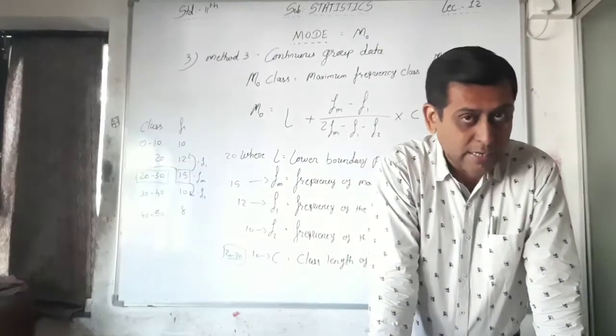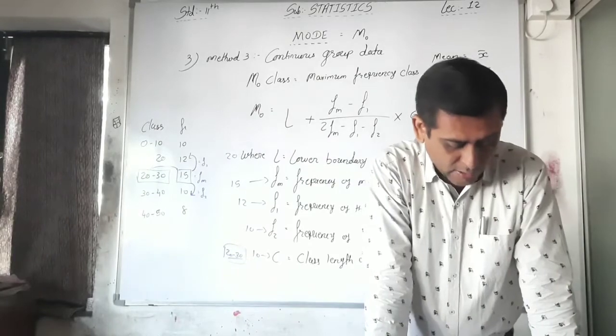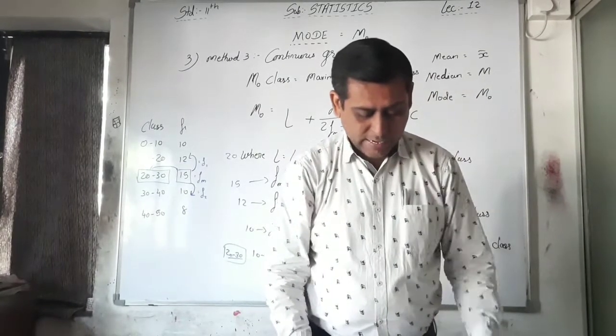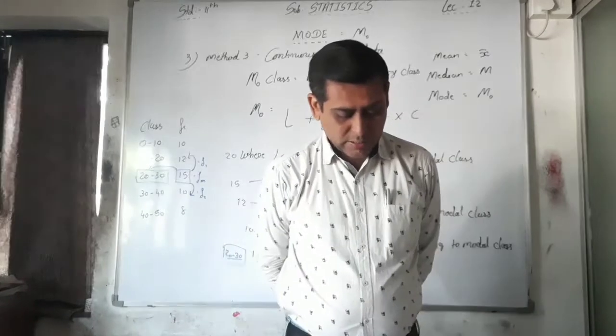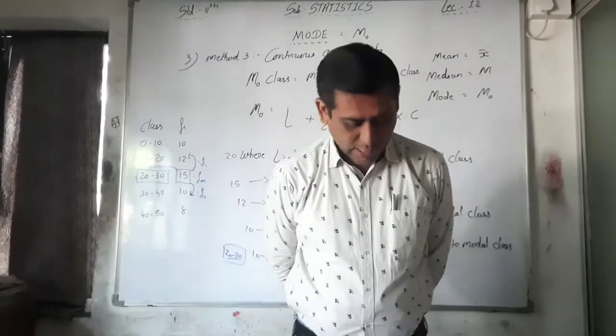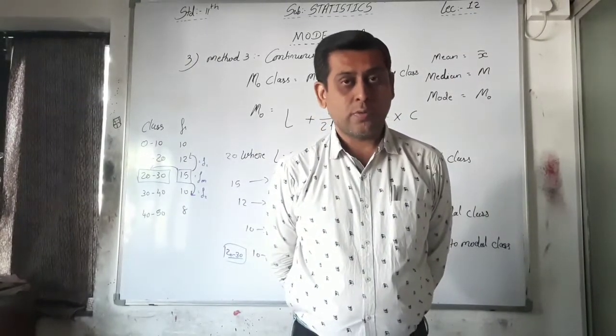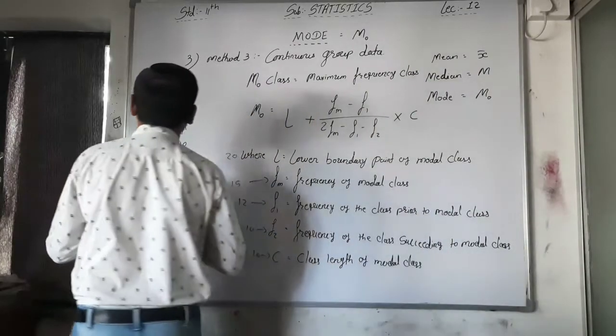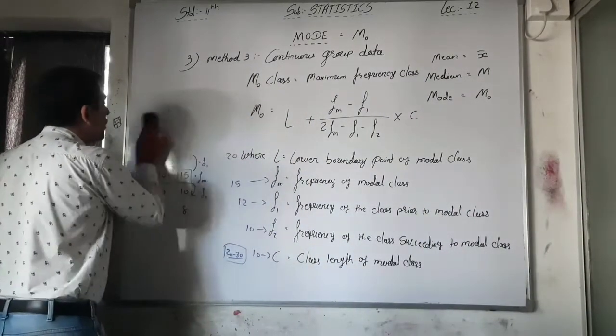That is your class, and the number of workers, 4, 5, 19, 13, are the frequencies. You have to find the mode from these. So I am removing this and doing illustration number 33.